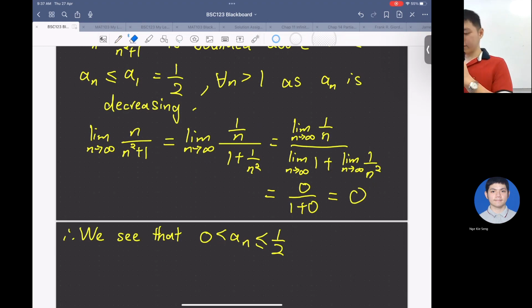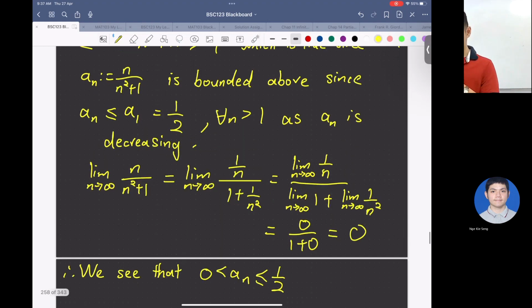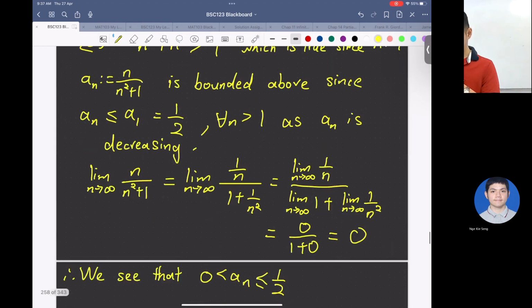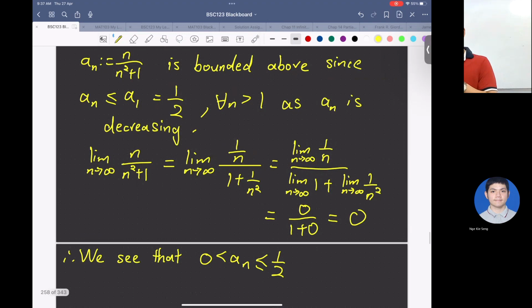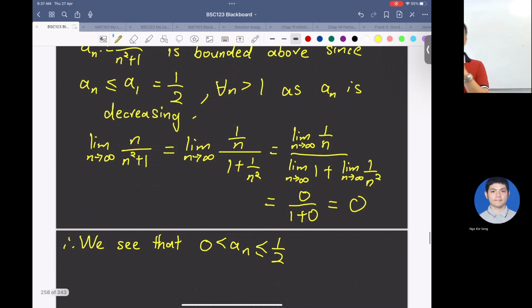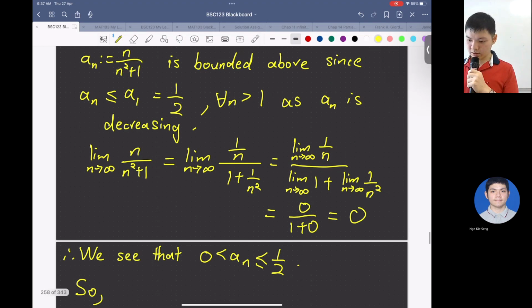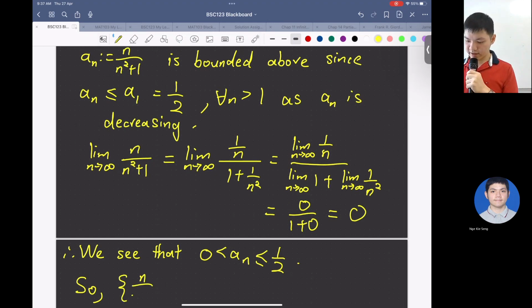And strictly greater than 0. Is it strictly greater than 0? Yeah, because n can never be 0, so it is strictly greater than 0. So the sequence n over n squared plus 1 is bounded.